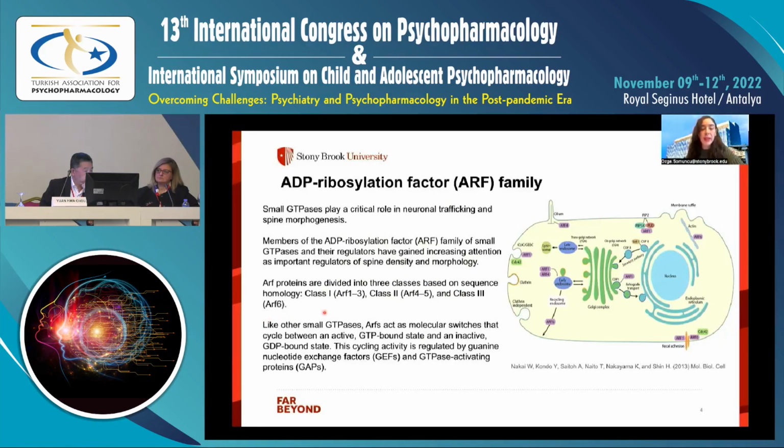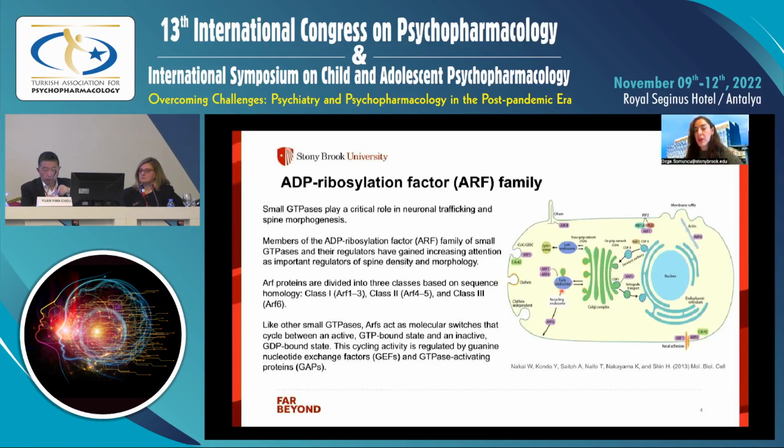6. Like other small GTPases, such as the RAB family, they act as molecular switches that cycle between an active GTP-bound form and an inactive GDP-bound form. When active, ARF 1 and 4 are very important for early endosome creation and for the trafficking of that early endosome through the Golgi complex.